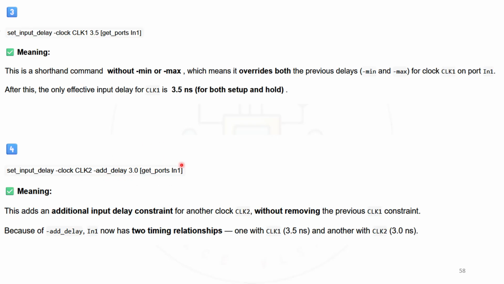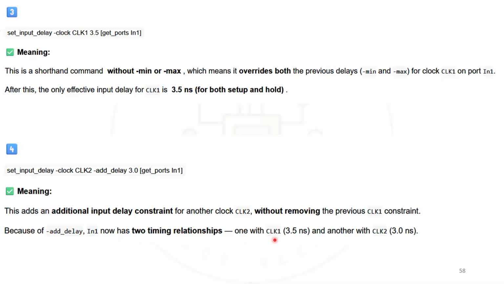Why? Because on this input port IN1 I am adding one more delay, which is 3 nanoseconds, with respect to CLK2. So that's why we need to add this particular switch called hyphen add delay. This adds an additional input delay constraint for another clock CLK2 without removing the previous clock CLK1. Because of hyphen add delay, input IN1 now has two timing relationships.